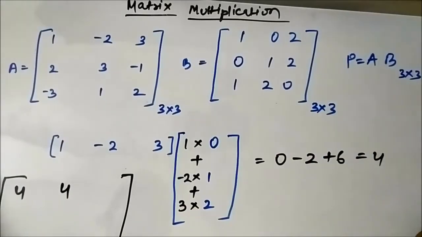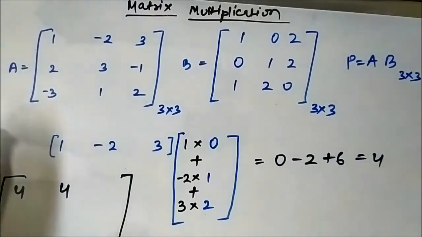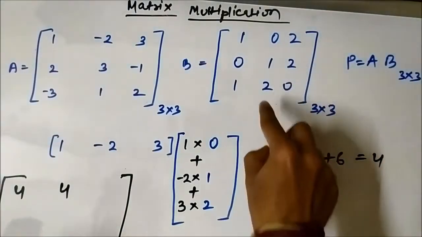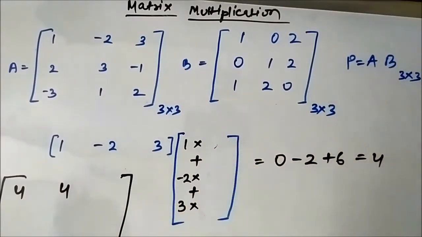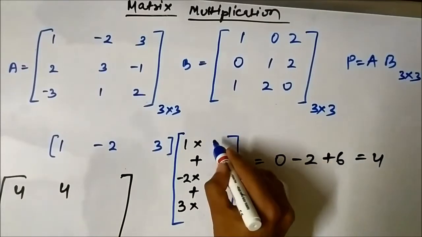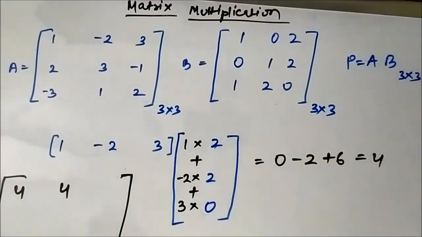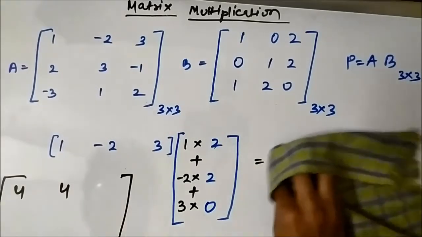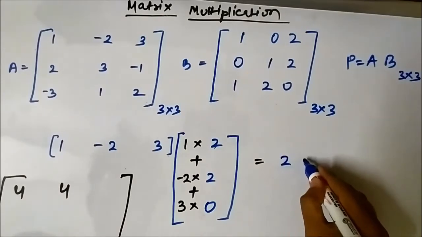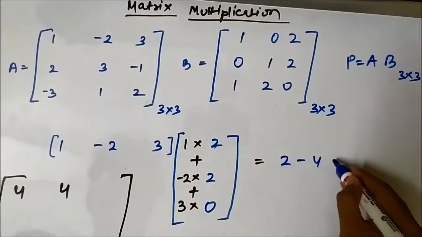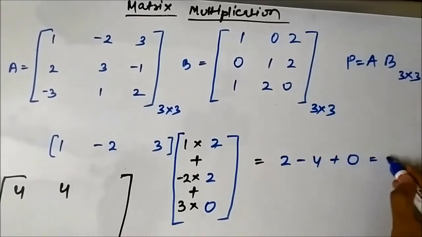Again this first row will be multiplied with the third column of the second matrix. So 2 2 0 will come here, and the result will be 2 minus 4 plus 0, which is minus 2.